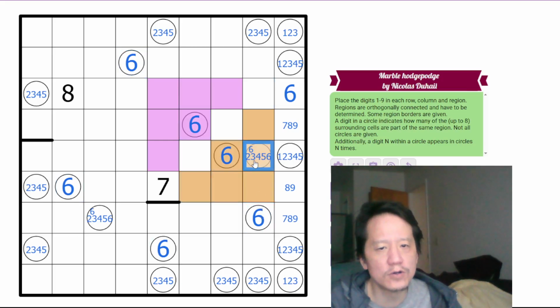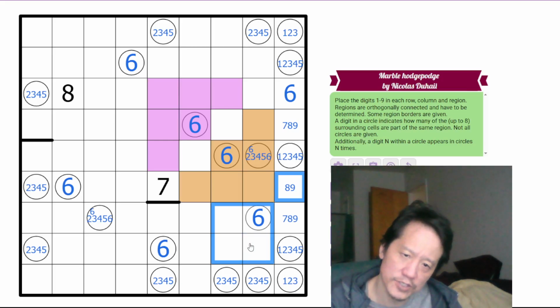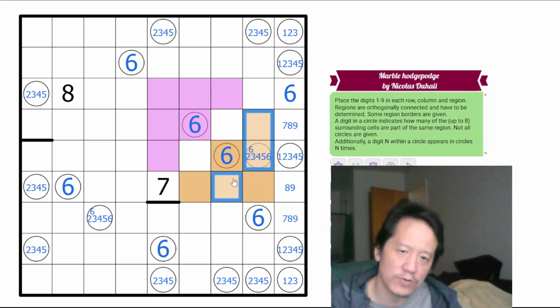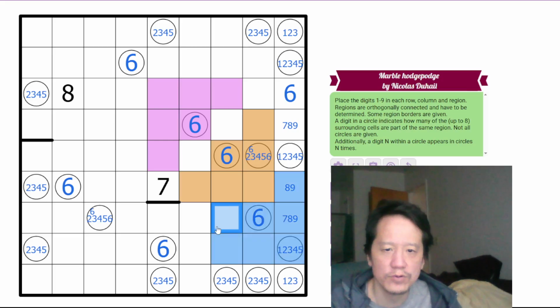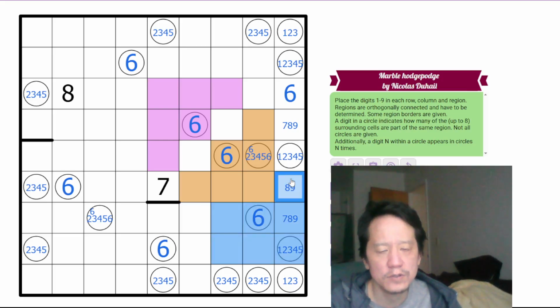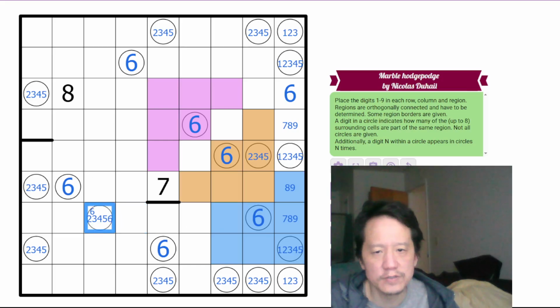Because if it were, you'd have to have at least 1, 2, 3, 4, 5 other digits. And that's already 11 in size. So this would be separate region. This would be blue. This could not be 6 in that case. This could not be 6 in that case.